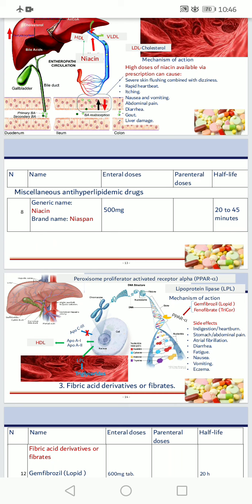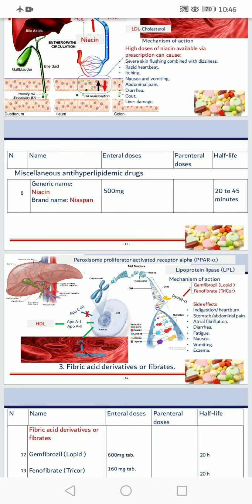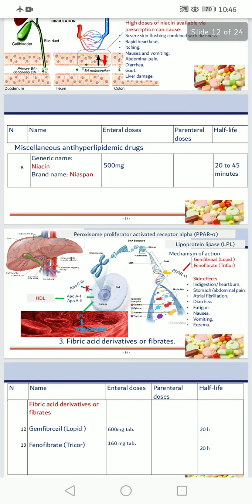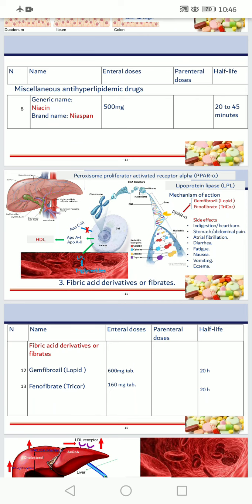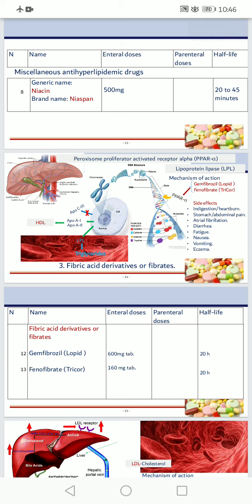Peroxisome proliferator activated receptor alpha. Okay, LPL, lipoprotein lipase, is also in this. The third is fibric acid derivatives, or fibrates. What are fibrates? Fibrates primarily activate the nuclear transcription receptor protein PPAR alpha.